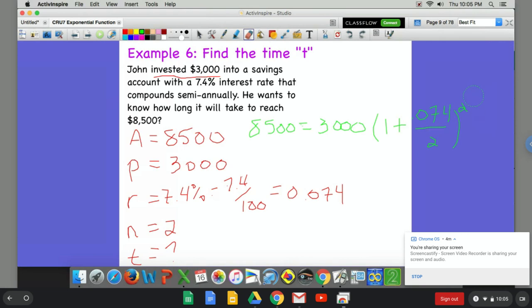That missing variable is actually going to be 2x.